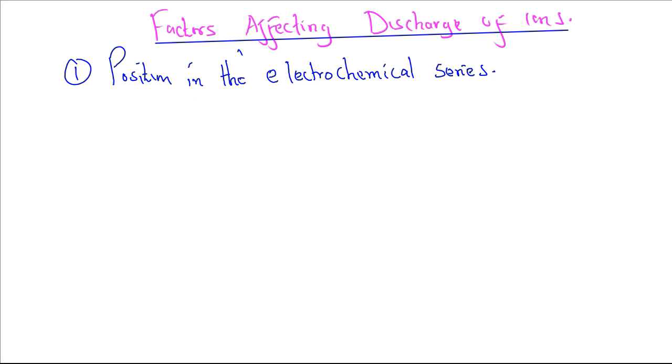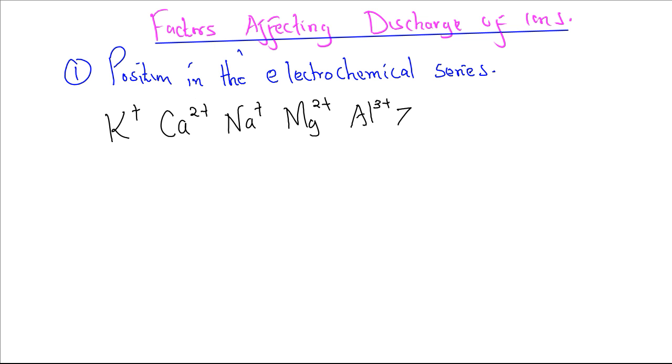So that is to say, if we have the series potassium, calcium, sodium, magnesium, aluminium, zinc, iron, tin, hydrogen, copper, silver.